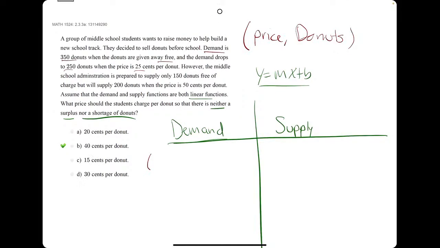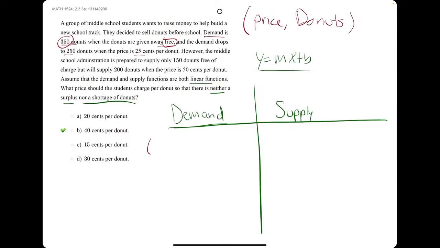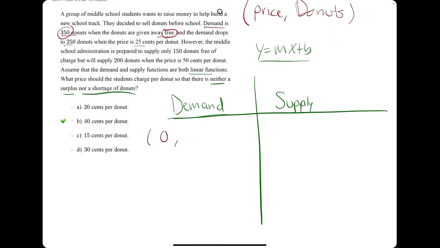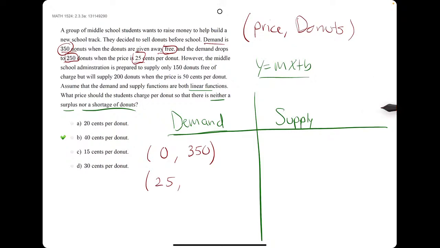So when the price is 0, when they're free, they're giving away 350 donuts. So 0 is our price, 350 is our amount of donuts. Likewise, when the price is 25 cents, in this case, we don't have to use 0.25, but you could if you wanted to. But I'll always keep it in units of cents. So we can do 25, comma, 250.